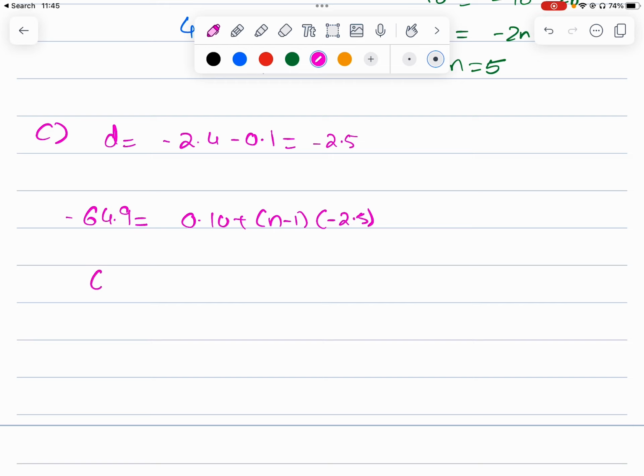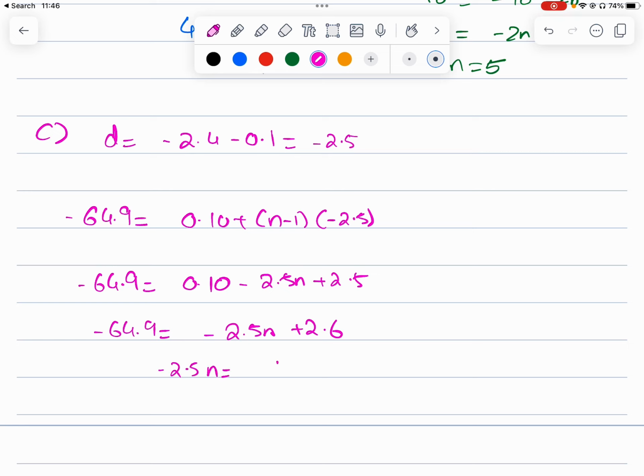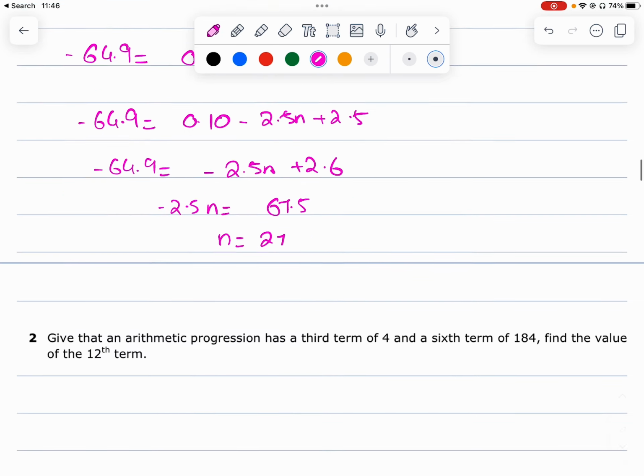Which is negative 64.9 equals 0.10 minus 2.5n plus 2.5. So it becomes minus 64.9 equals negative 2.5n plus 2.6. So negative 2.5n equals 67.5, n equals 27.